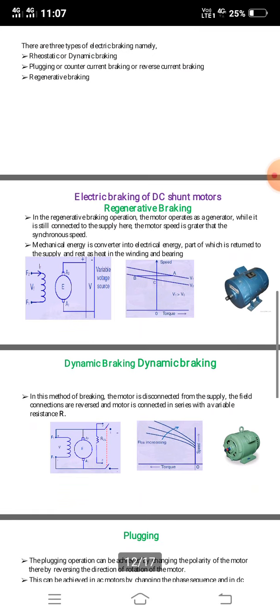That means while the supply is given to the shunt winding, the shunt winding is excited. When the shunt winding is excited, the motor gets more flux from the exciting winding and is ready to operate. This is regenerative electric braking.